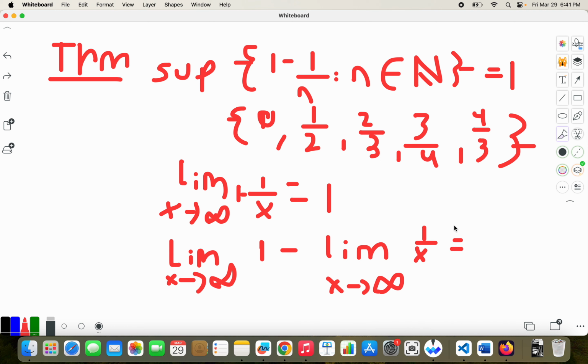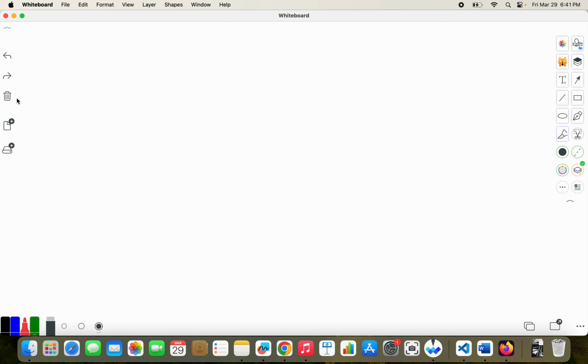And then it's the same thing as this. And this is 1, because everything's 1. And this is 0, because like 1/2, 1/3. So 1 minus 0 equals 1. So obviously the supremum's 1. But we haven't got to that. You're going to use some stuff. So we're going to denote this by F.